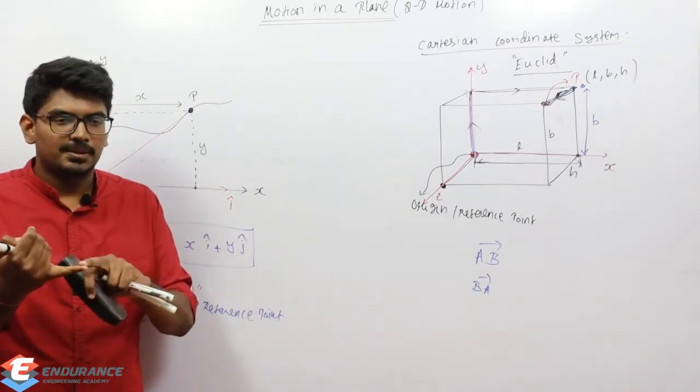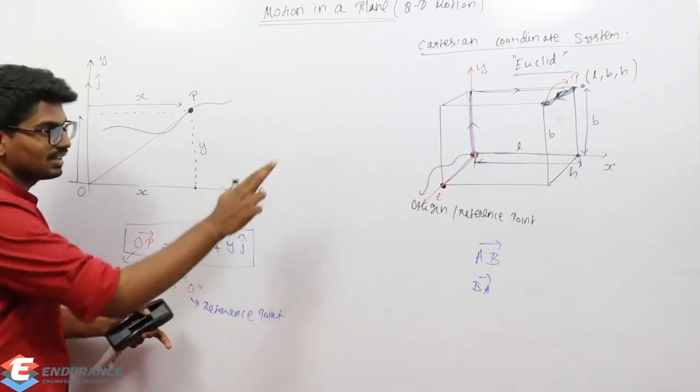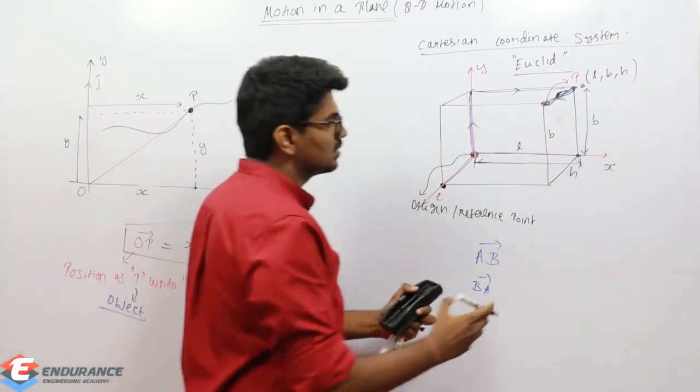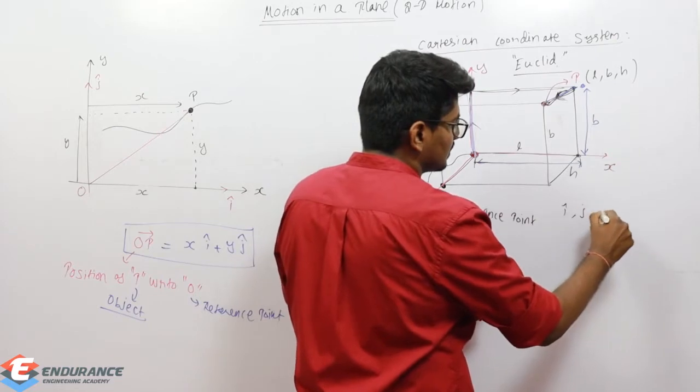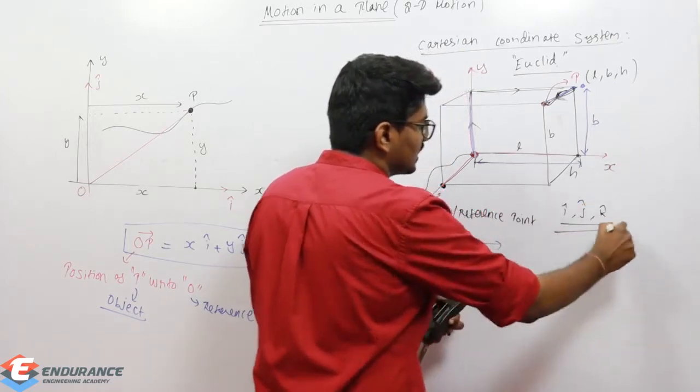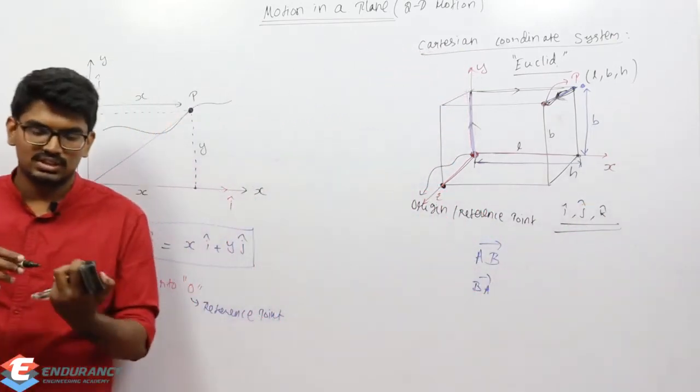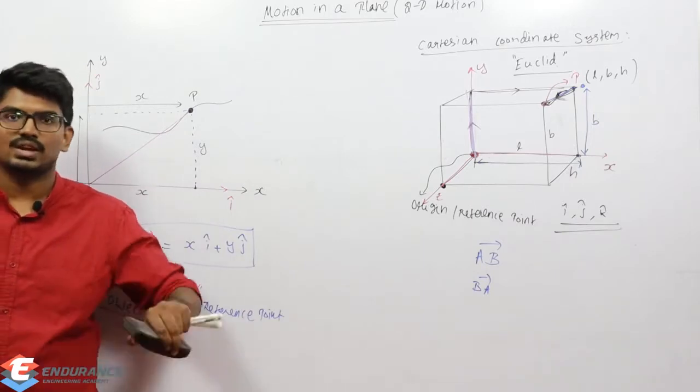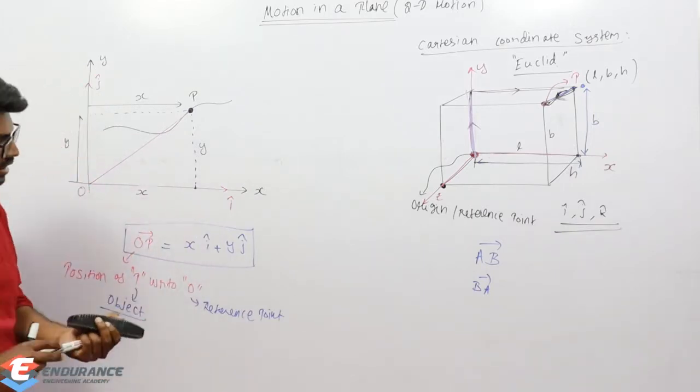The fact here is that in this case it is going to be i, j, k. I forgot to say that. So i cap, j cap, k cap are the unit vectors along the x-axis, y-axis and z-axis.